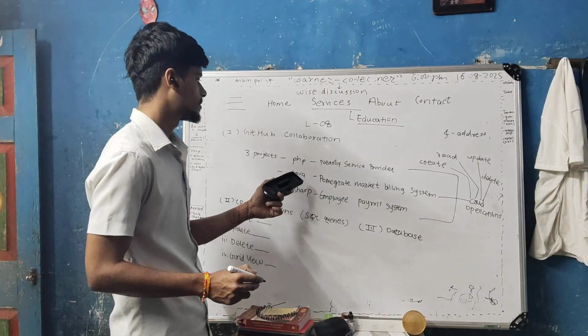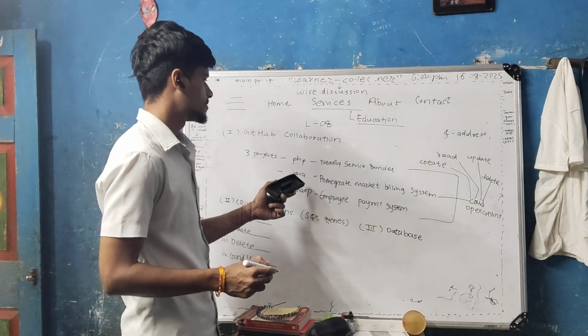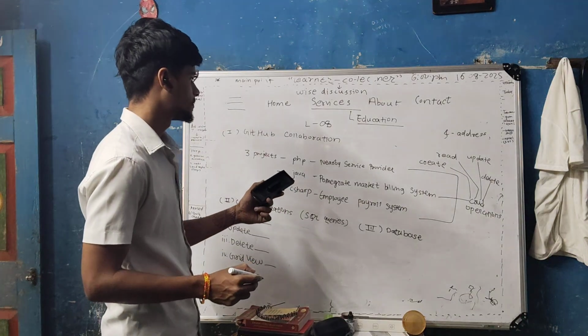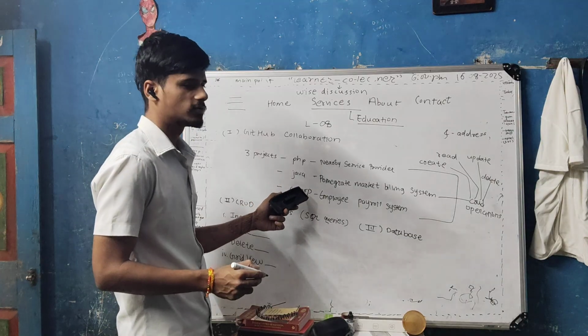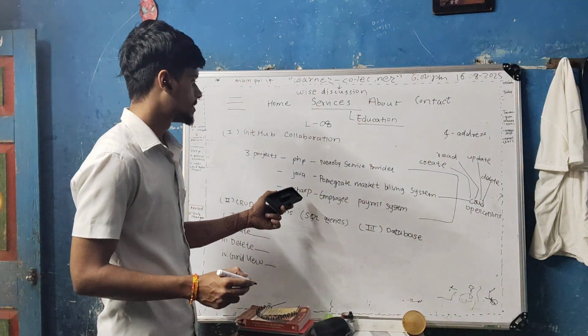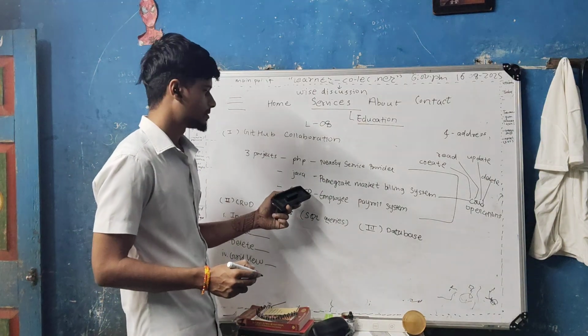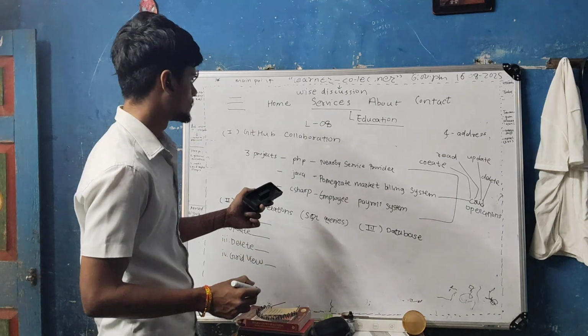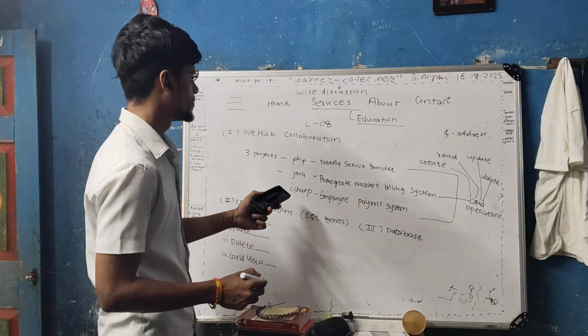For Java, for my project I have used MS SQL. Sorry, for Java also PHPMyAdmin, and for C Sharp, which is a .NET framework, I think I have used the database MS SQL.